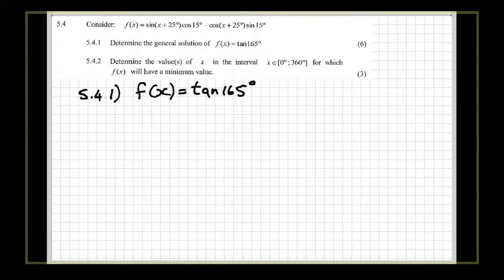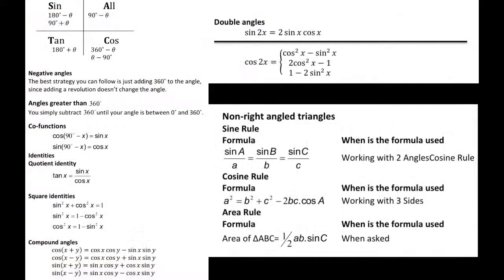I don't want to work with something as complicated as that big expression for f of x. So, looking back at my theory, it kind of looks familiar. Which identity does it look like?